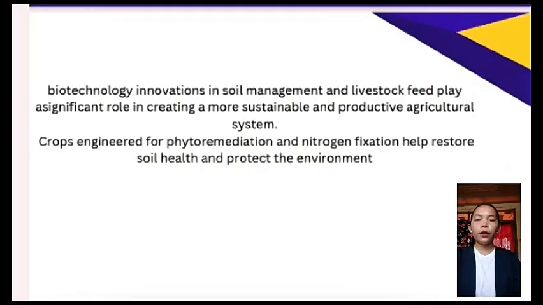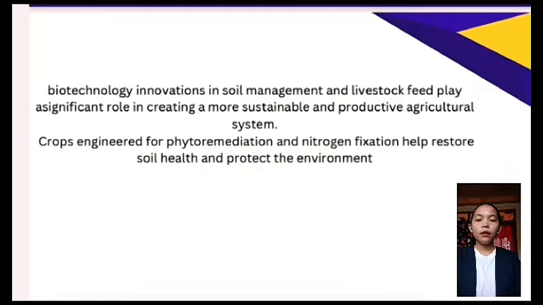The other one is biofertilizer. Natural fertilizer made from microorganisms, plants, or animals improves soil fertility. And also in livestock feed production is probiotics. Beneficial microorganisms added to feed improve gut health and boost immunity.